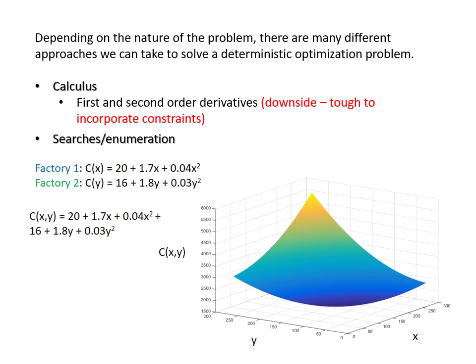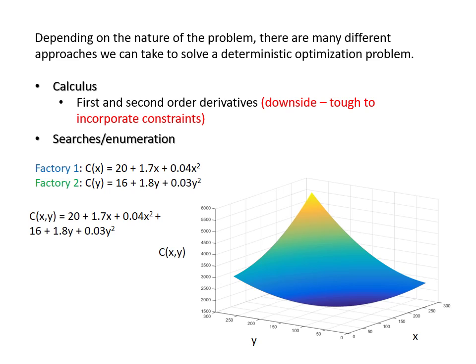So there are a couple different ways we could approach solving this problem: finding the values of x and y that minimize the cumulative cost function, the sum of c of x plus c of y, with the constraint that x plus y has to equal 260. The first is calculus.